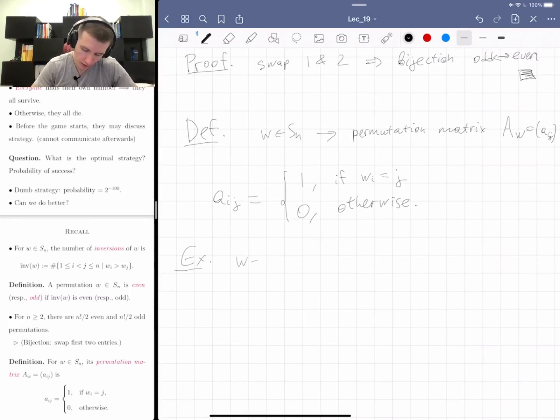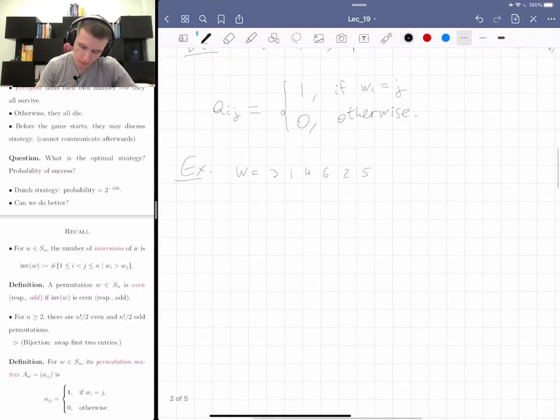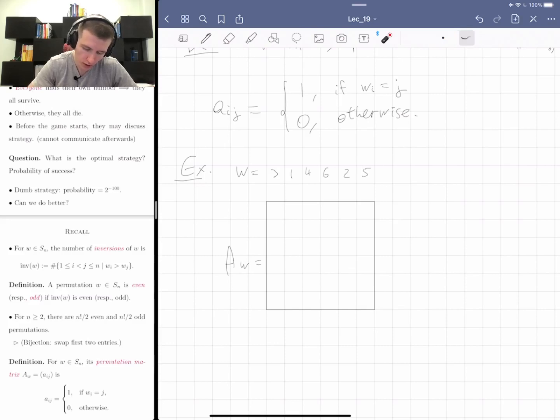Let's say W is 3, 1, 4, 6, 2, 5. Then AW is going to be a 6 by 6 matrix. W in two-line notation sends 1 to 3, 2 to 1, 3 to 4. So Aij is equal to 1 if Wi is equal to j.